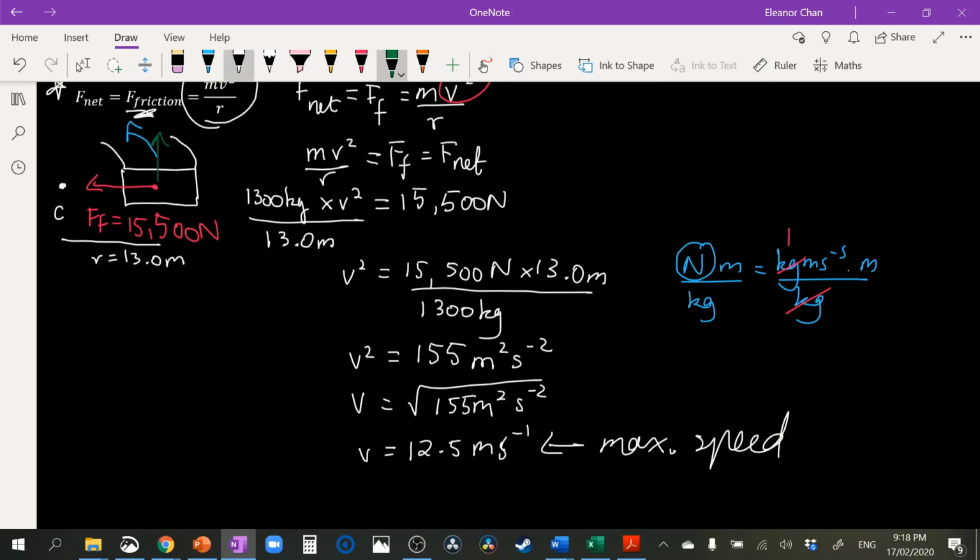If that's the case, then the net force will be out of the circle, and you'll get a resultant vector force that's going tangential. So that's very important just to understand.